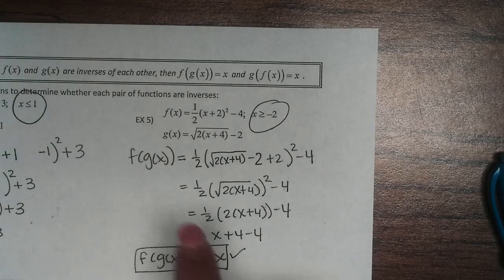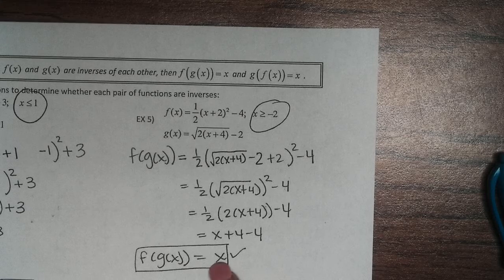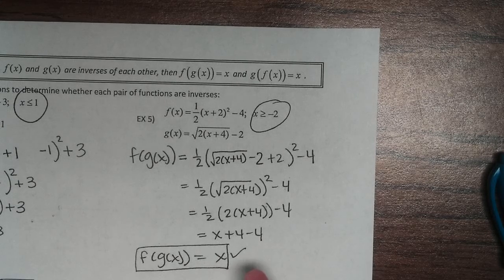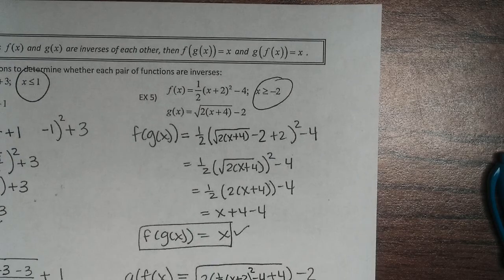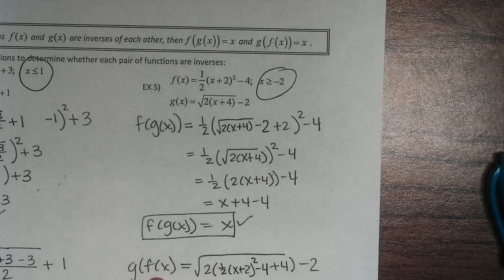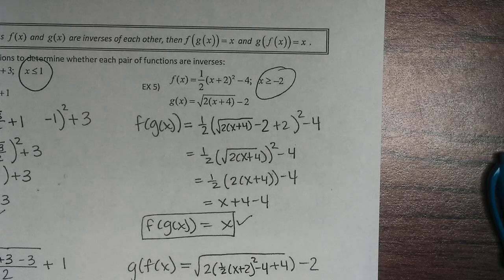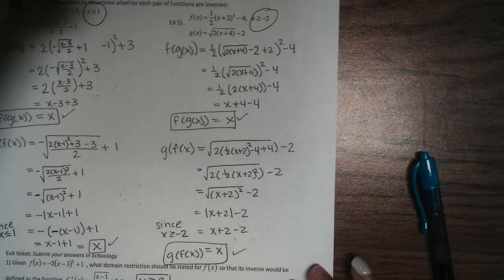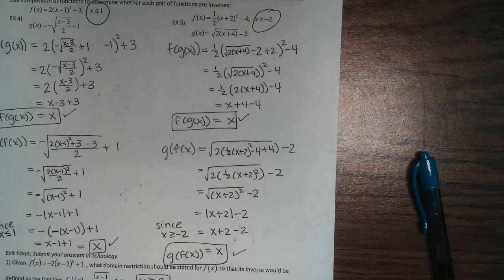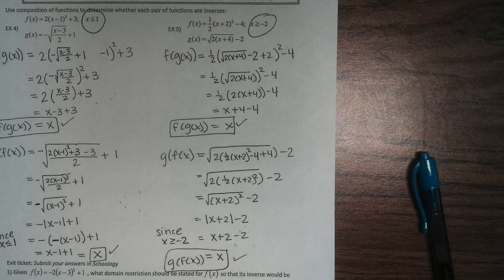When I did f of g of x and showed a bunch of work, I did get f of g of x equals x. And then when I did the other one, the g of f of x, here's my work. And again, you can look at the answer key on your pace. But for that one, I guess the only confusing part is when it gets to getting rid of the absolute value here.